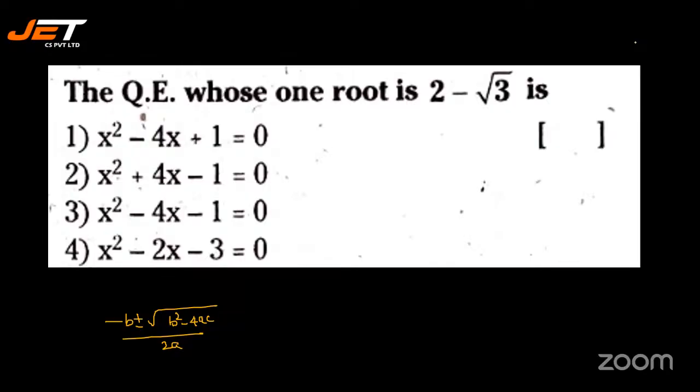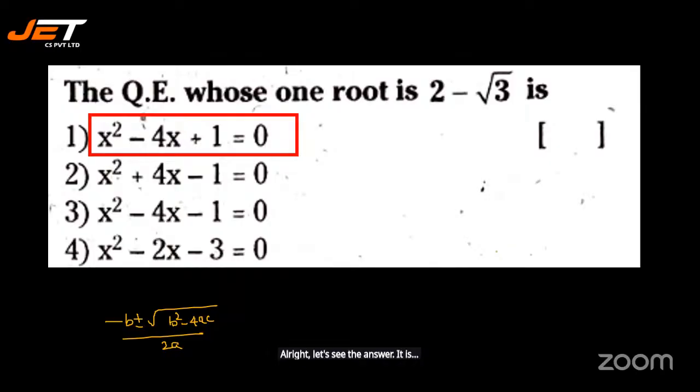All right, let's see the answer. It is option 1, x square minus 4x plus 1. Yes, let's see how. x square minus 4x plus 1 is equal to 0. So minus b plus or minus square root of b square, 4 fours are 16, minus 4 into a into c, by 2a.